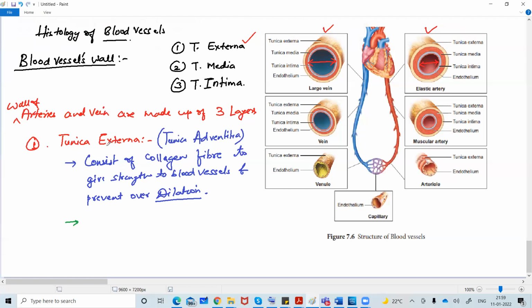So if you see the tunica externa and compare in arteries and vein, you can see here that it is more developed in vein, less developed in arteries. So you can say it is more developed in vein as compared to arteries.